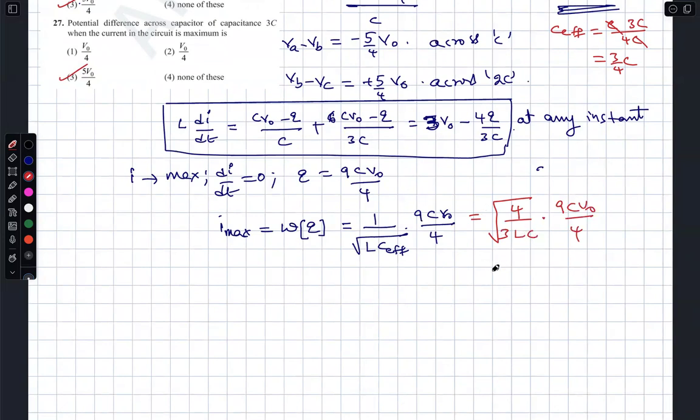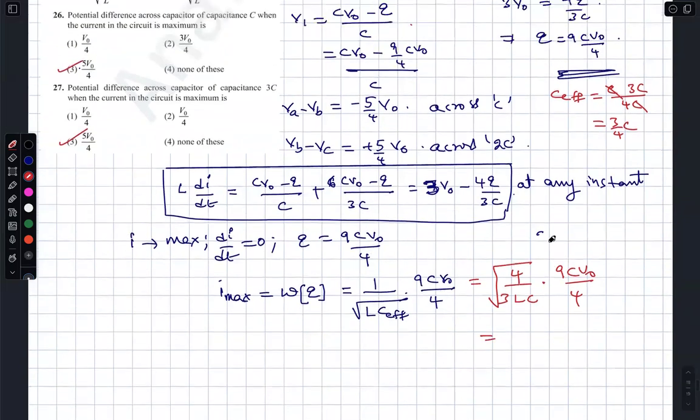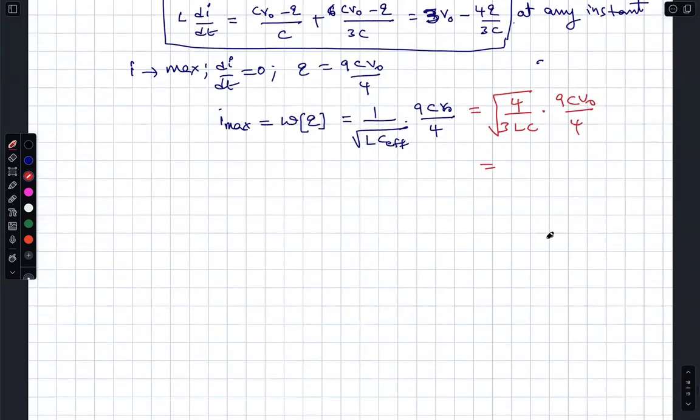We need to adjust this properly. How to adjust this properly? You can write, this one becomes 3, this one becomes 3. We will write everything into the root, that gives us clarity. 3LC, and 9CV0 by 4 can be written as 81 C square V0 square by 16.